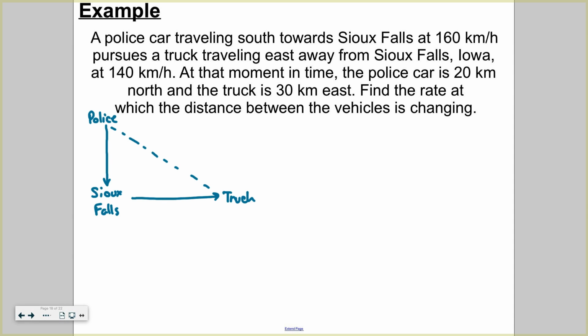So hopefully you can see here that we just formed another right triangle. So we're going to use the formula a squared plus b squared equals c squared. So let's call this a and b, and our hypotenuse is c. So in this particular problem, all of our a, b, and c are changing. Everything's moving all at once. So this is going to be a of t squared plus b of t squared equals c of t squared.